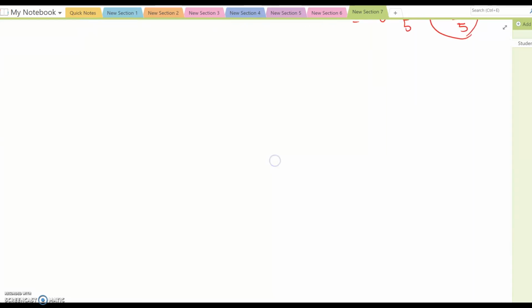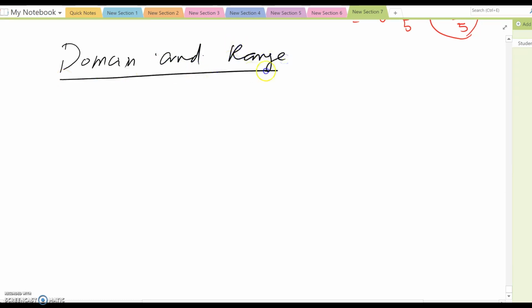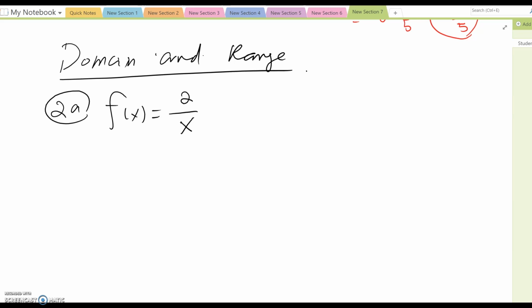Now, because we are talking about functions, we can also talk about domain and range. But we mostly talk about domain in this case. So let's look at number 2a. The function is f(x) equal to 2 over x. Again, this is the rational function form, which means we have a limitation.